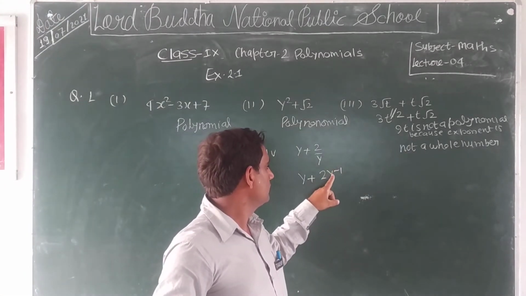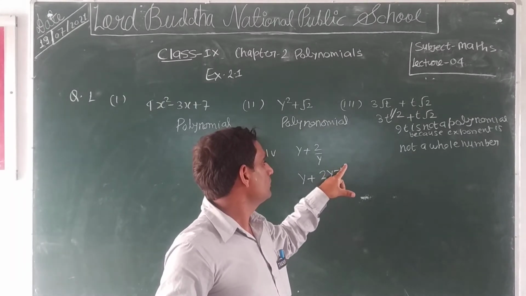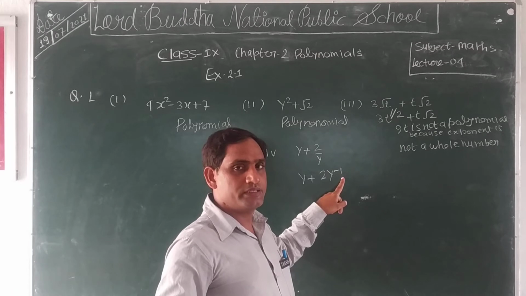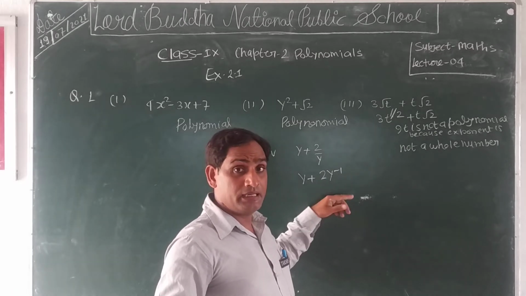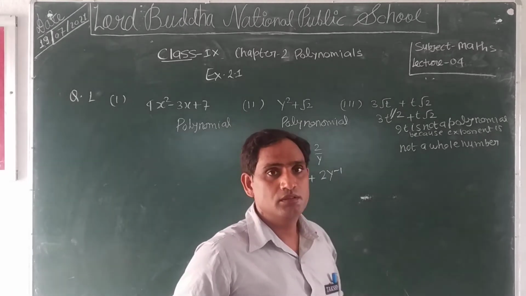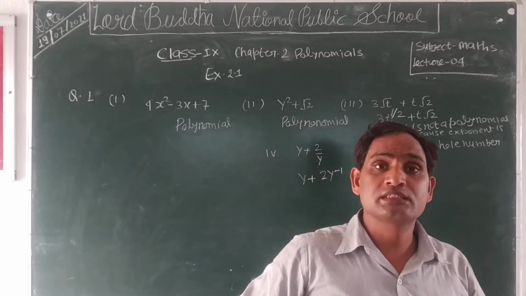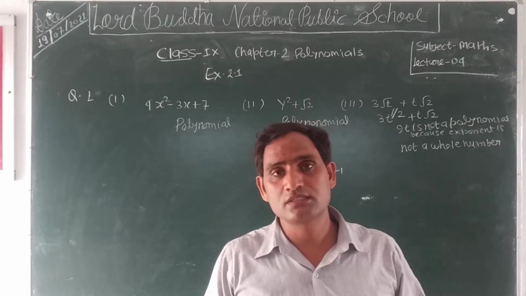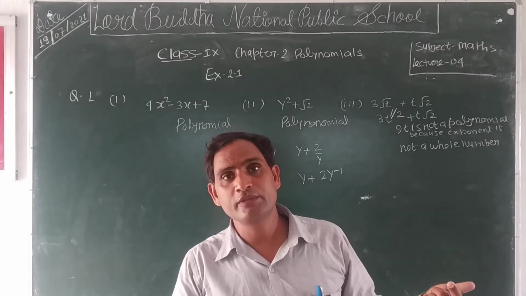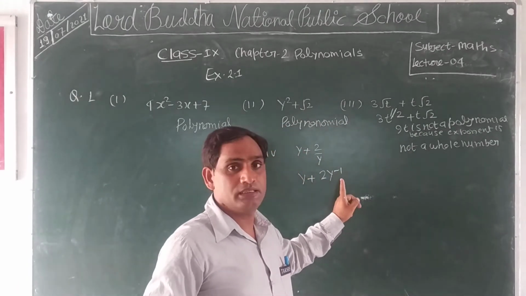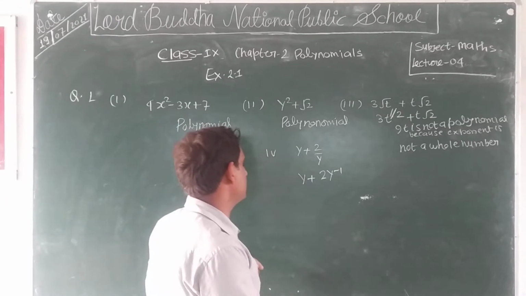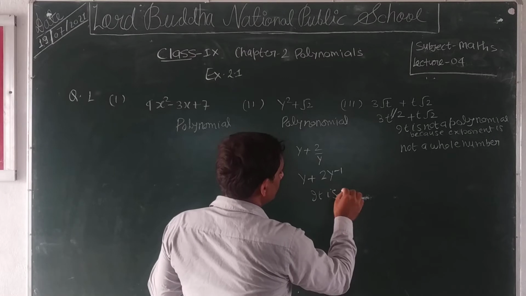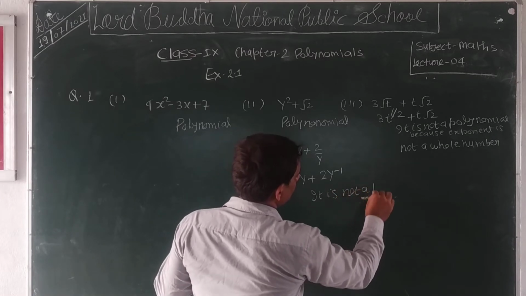This is a negative power, as we know that an algebraic expression in which powers of variables are non-negative integral powers is a polynomial, but it has a negative exponent, hence it is not a polynomial.